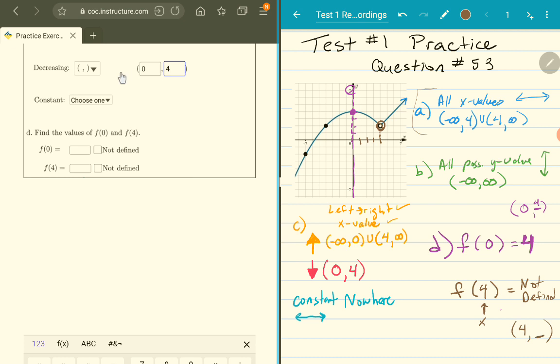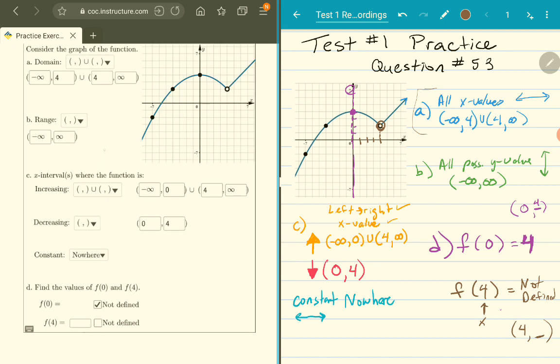Okay, and there's not constant anywhere, so for that one I'm going to say nowhere. Good. And then for part D, I have f of 0 equals not defined, so just check that checkbox. Okay, and f of 4 is, oh, I got that backwards, I'm sorry. f of 0 is 4.